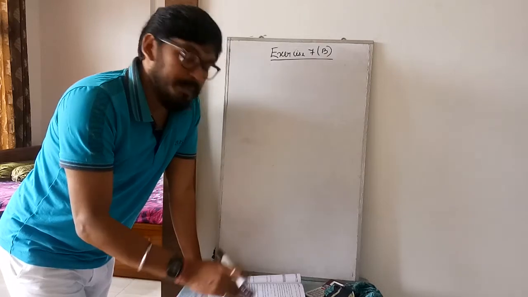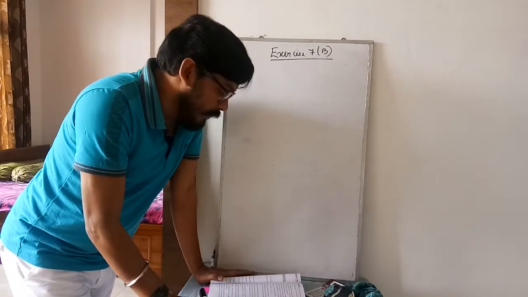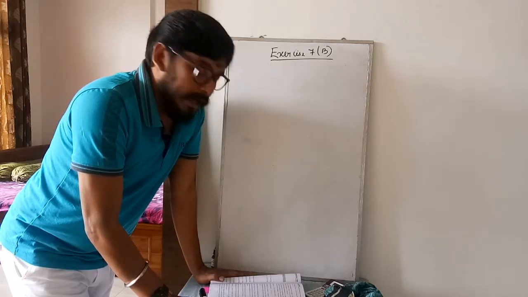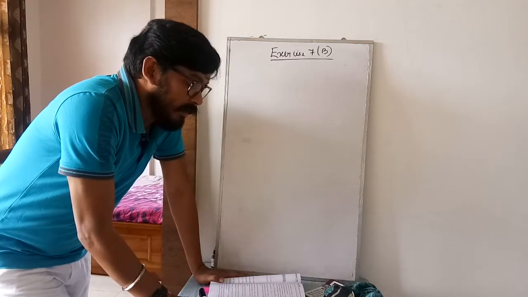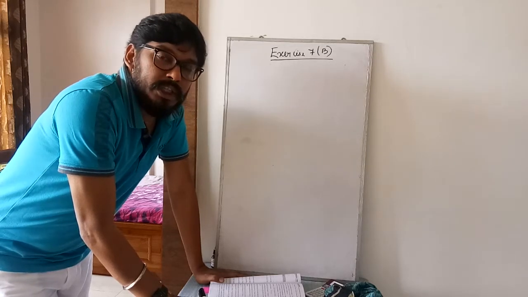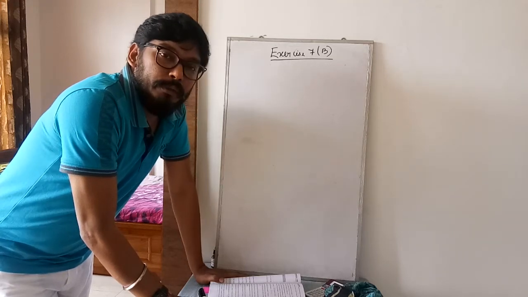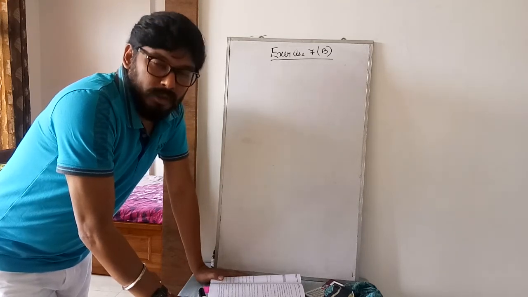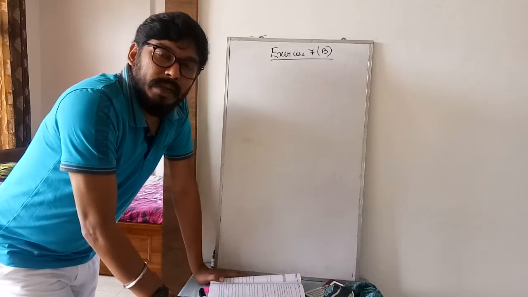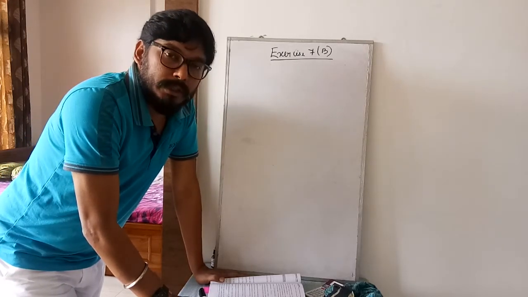So other than hypotenuse means this is the ratio of perpendicular and base. Here they have given the ratio of perpendicular and base.